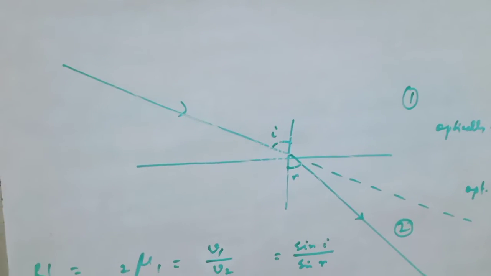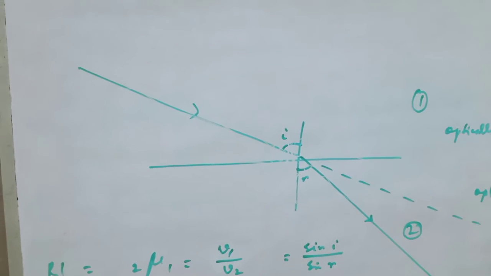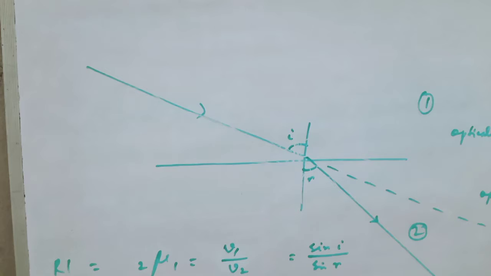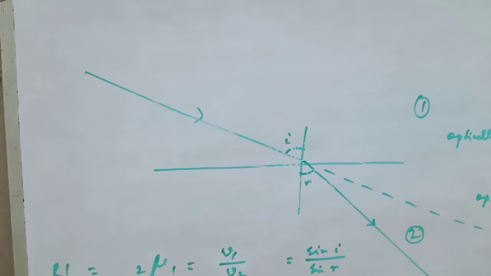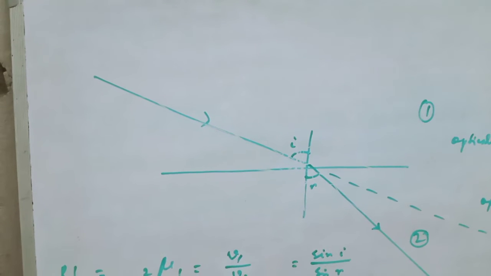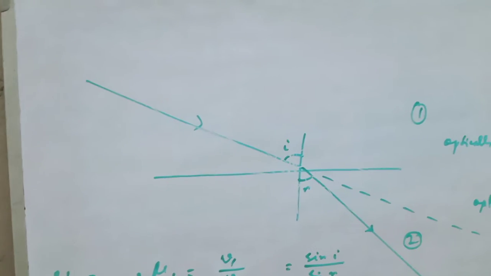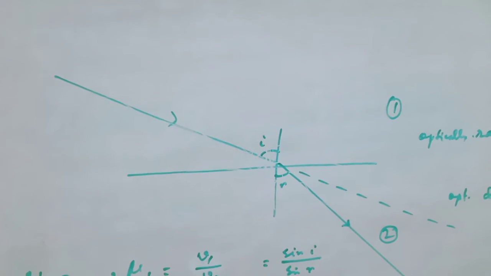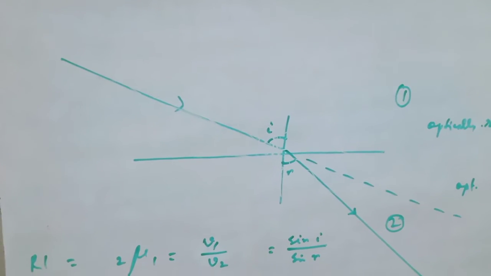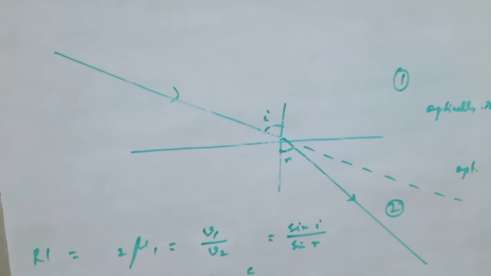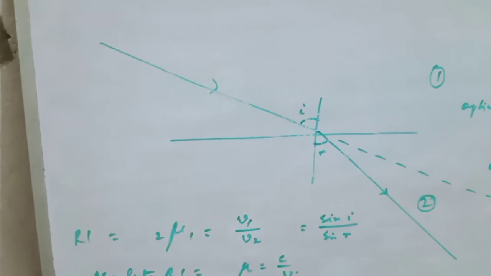This deviation of the light ray at the separating surface, while it travels from one medium to another, is because it starts bending from its original path in the second medium. Not the entire light, but a part of the light, and the other part of the light gets reflected in the same medium. And this bending of light while it travels in the other medium is called refraction.